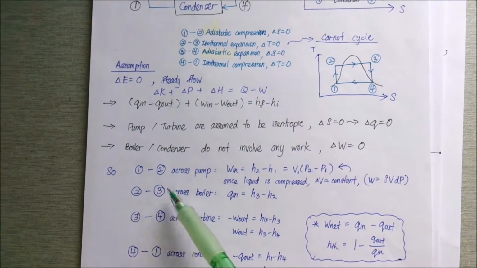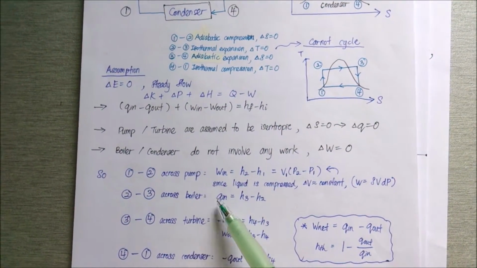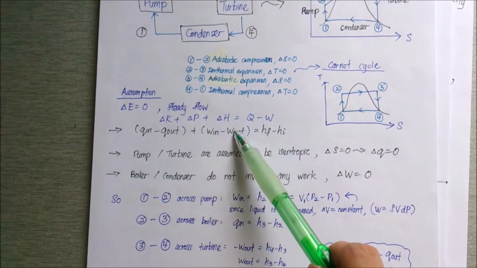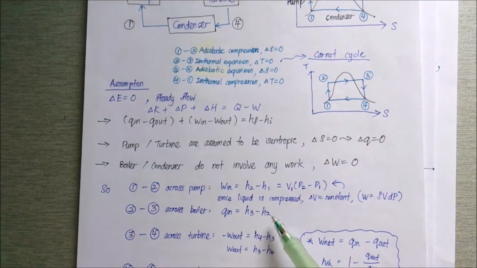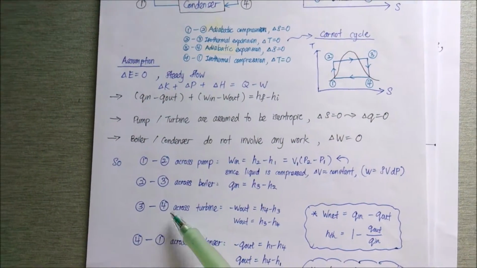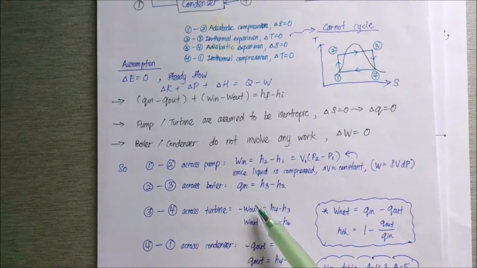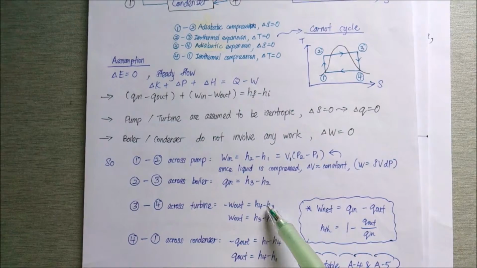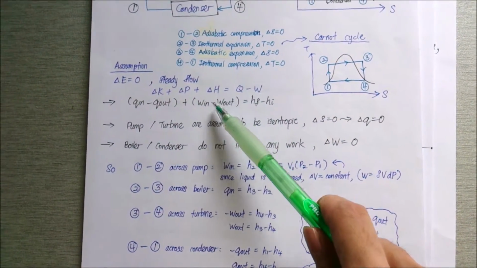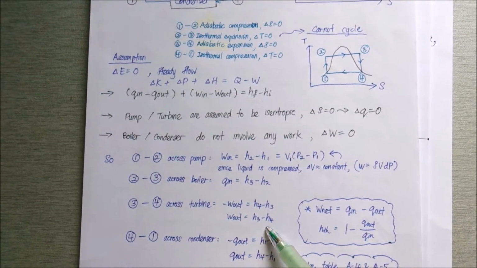Process 2-3 across the boiler, with no work, so Q in equals H3 minus H2, because the boiler absorbs heat energy. Process 3 to 4 across the turbine, negative W out equals H4 minus H3, because the turbine does the work, so W out equals H3 minus H4.